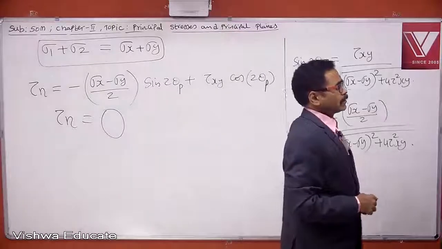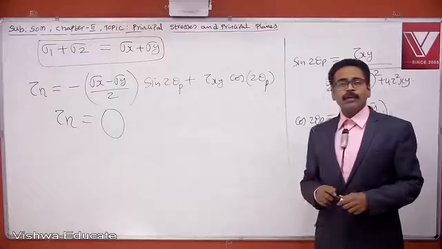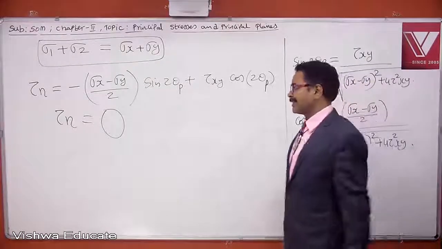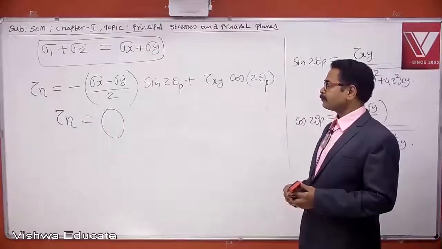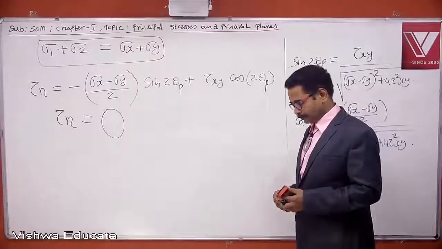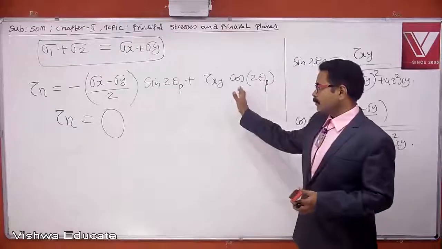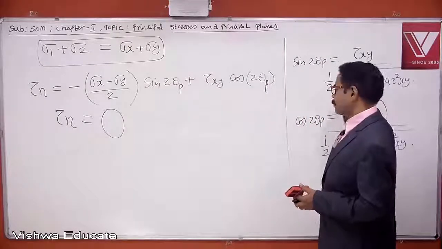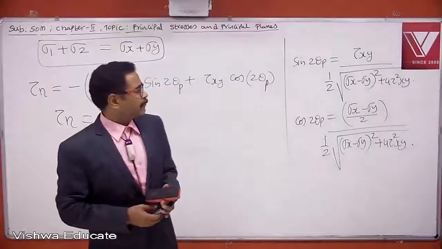So we understand principal planes don't carry any shear. Principal planes don't carry any shear, okay? Copy this step, then put 0. Then for our reference, if you want to write these two, you can write.